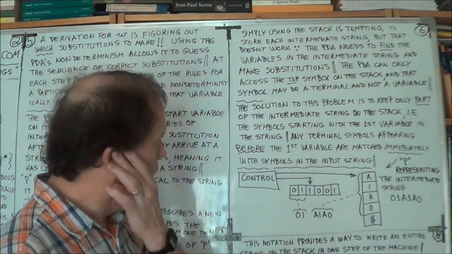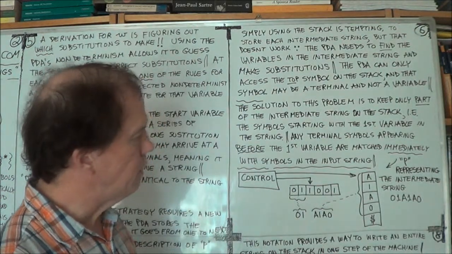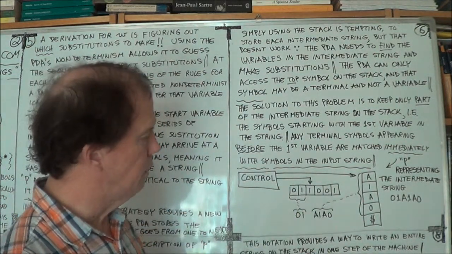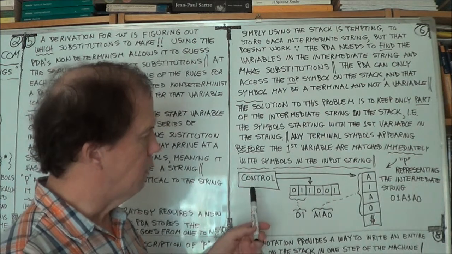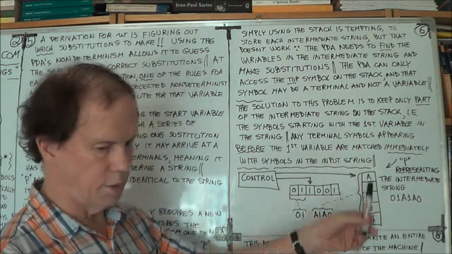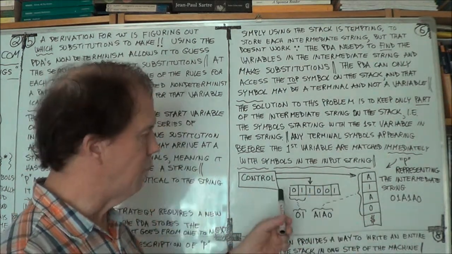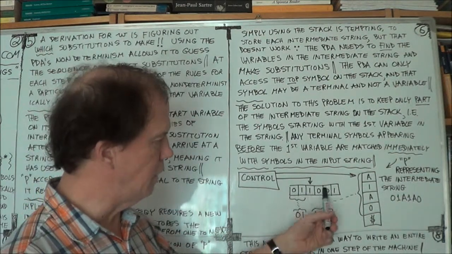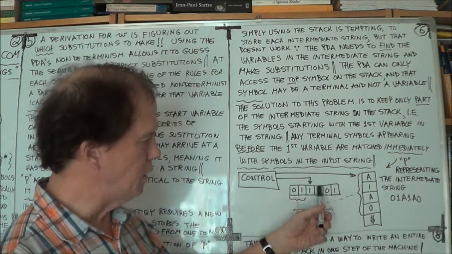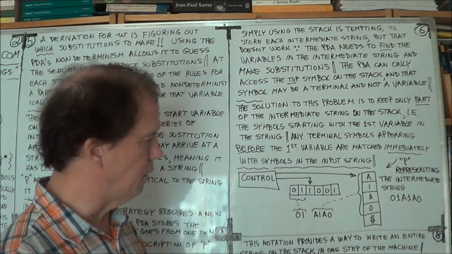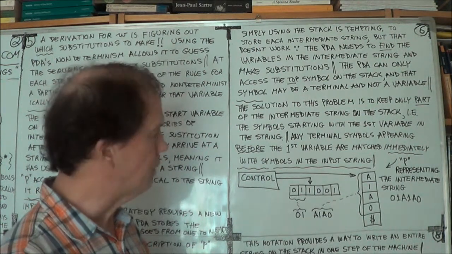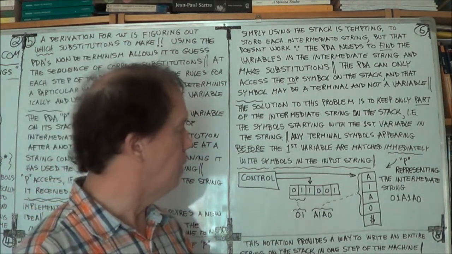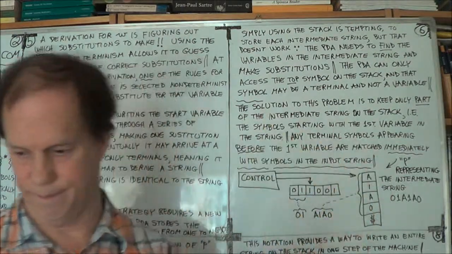And you just keep doing this, using all these substitutions, until you eventually get a derivation that matches the input string. That's the essence of it. So I'll stop there.